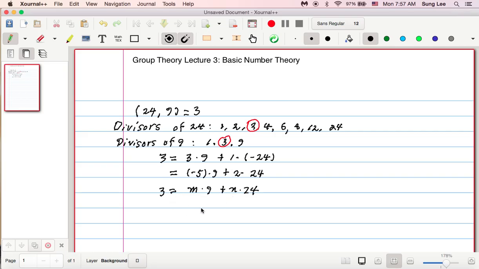So for a long time, solving this type of equation has been of great interest in number theory.